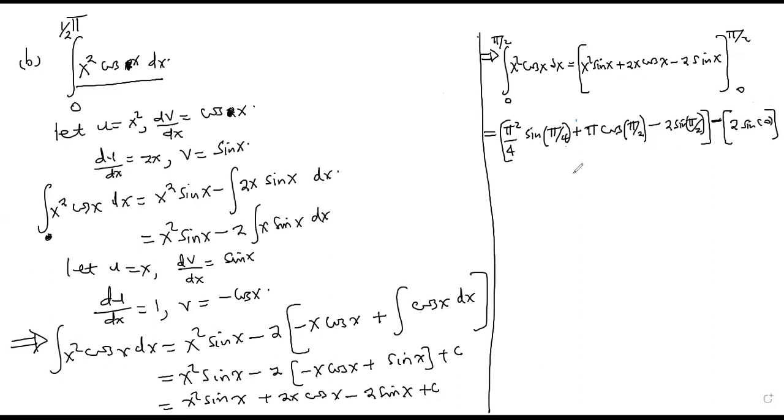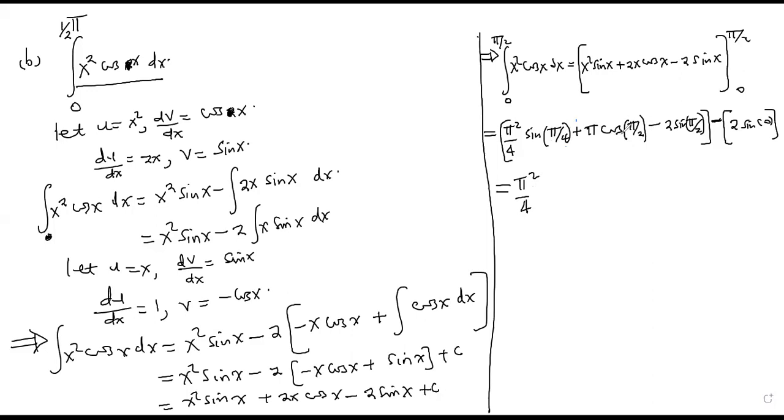It's going to be equal to pi squared over 4, because sine pi over 4, pi over 4, it's like 180 over 4, which is 45. But still, you can put your calculators in radians and then you put sine pi over 4. This one will keep pi squared over 4.